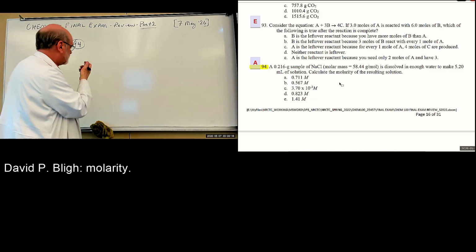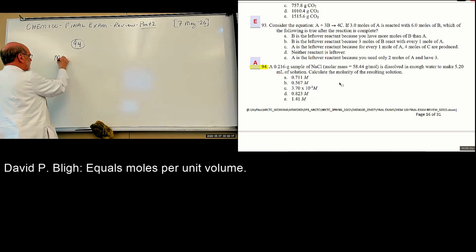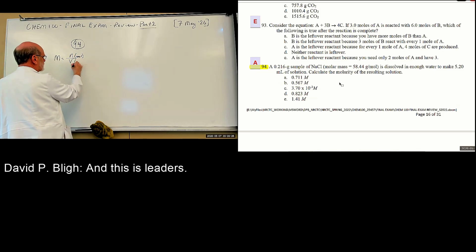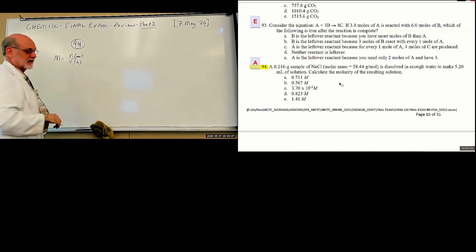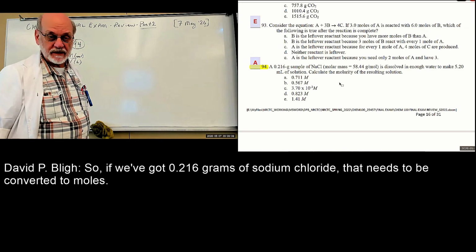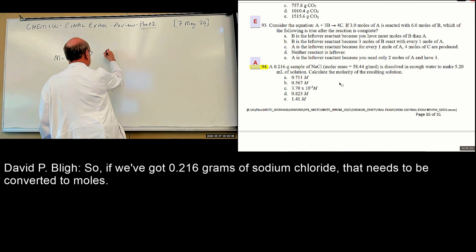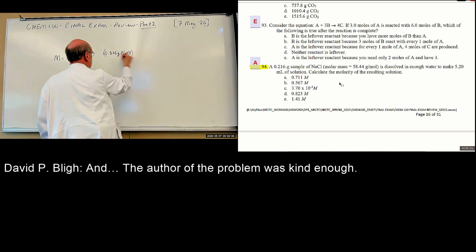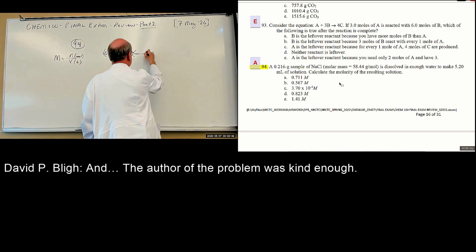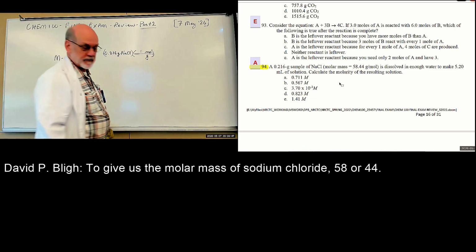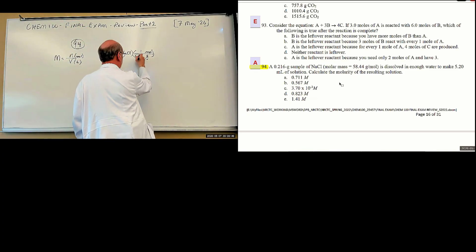All right, molarity equals moles per unit volume, right? This is moles, and this is liters. So if we've got 0.216 grams of sodium chloride, that needs to be converted to moles. And the author of the problem was kind enough to give us the molar mass of sodium chloride, 58.44.